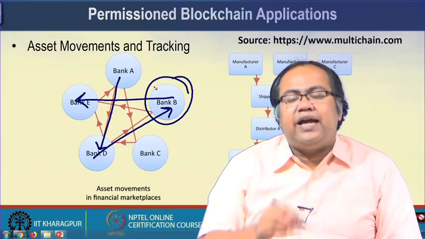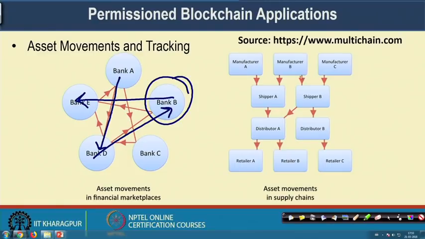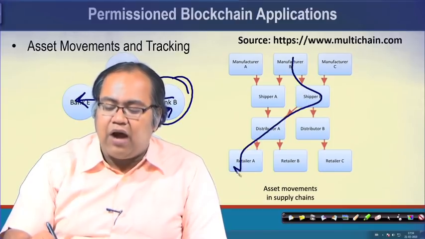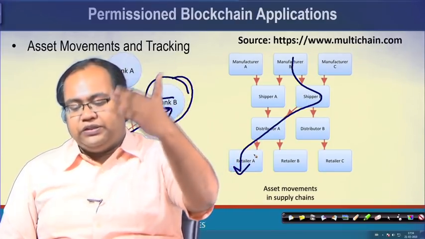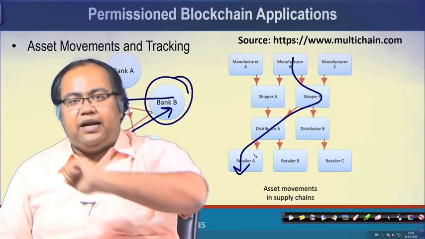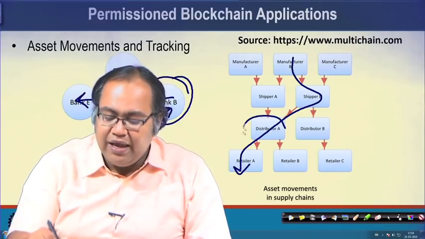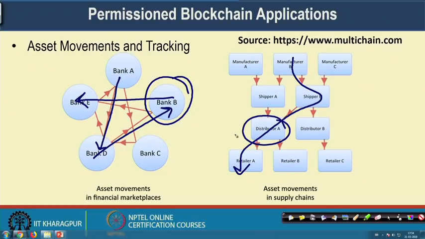Another application of this kind of asset movement can be in the supply chain, where you have multiple manufacturers sending the asset to the shipper, the shipper sending the assets to the distributor, and the distributor sending the asset to the retailer. You want to track the path of how a particular asset has been moved from manufacturer to shipper to which distributor to which retailer, in a secure way, so that distributor A will not be able to deny later on that he or she has not received that particular asset.